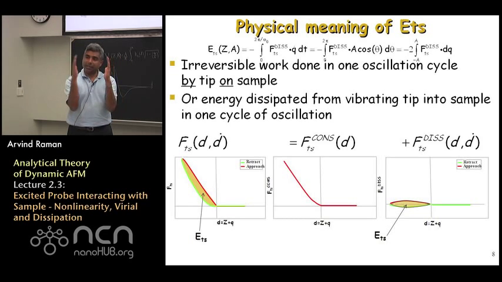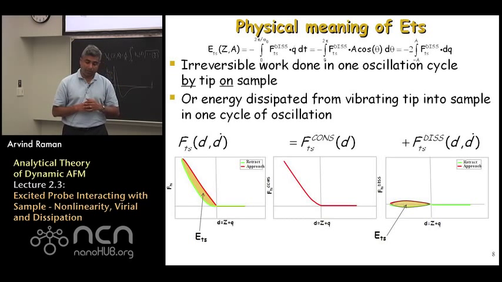On the other hand, as z decreases, energy dissipation tends to go up. As amplitude increases, energy dissipation tends to go up. So E sub ts is a quantity that will depend both on z and on amplitude. I've described this at the very top in terms of the time integral, but also written it out as an integral in terms of dq, which makes its interpretation very simple.